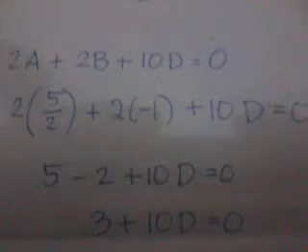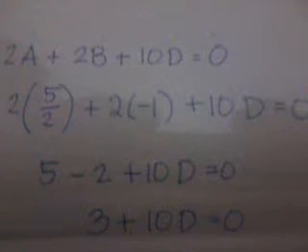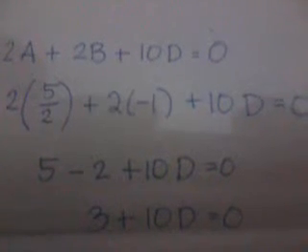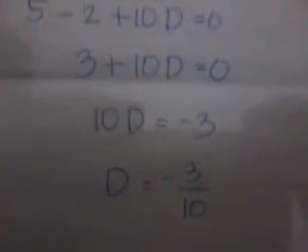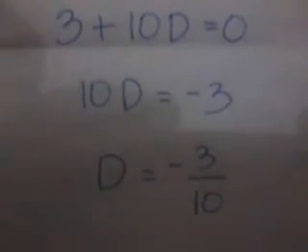And we can now solve for d by substituting to the equation 2a plus 2b plus 10d equals 0 the values of a and b, which are 5 halves and negative 1 respectively, giving us d, which is equal to negative 3 over 10.